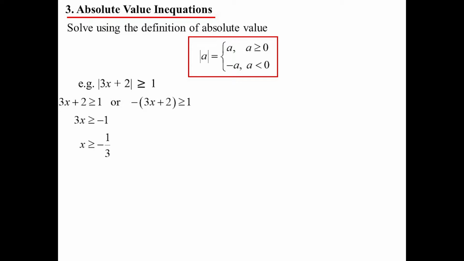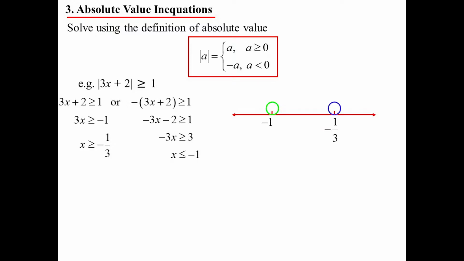So the left-hand side, move the 2 over, divide by 3. The right-hand side eventually will end up dividing by a negative number, so that's when we change the sign. It's just easier to go with the definition, either A or negative A, and just solve those two. Now let's have a look at those two.